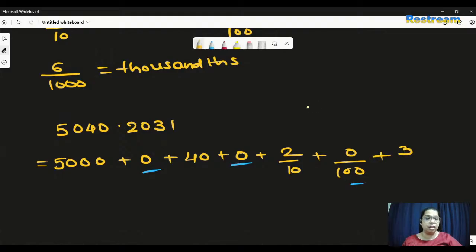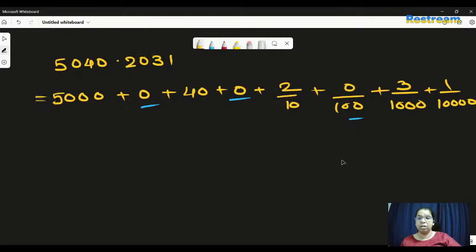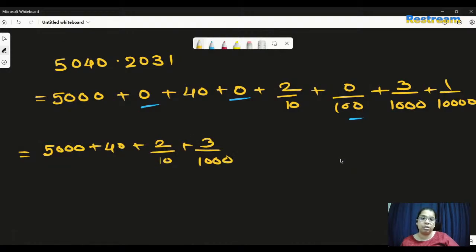So plus 3 over 1000 plus 1 over 10,000. Okay, so actually when you write this expansion, you are going to write it as 5000 plus 40 plus 2 by 10 plus 3 by 1000 plus 1 by 10,000.